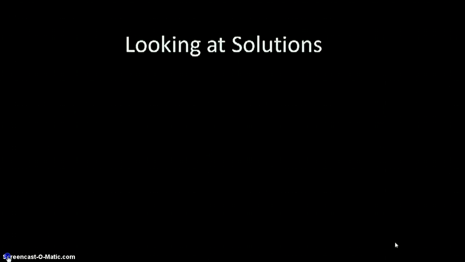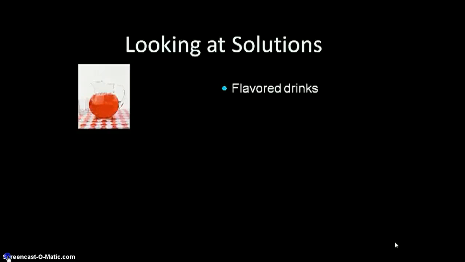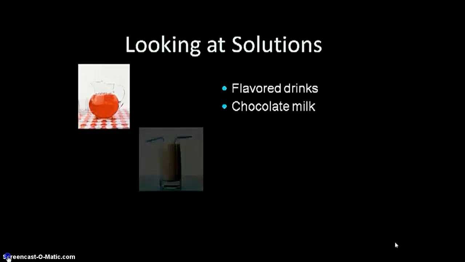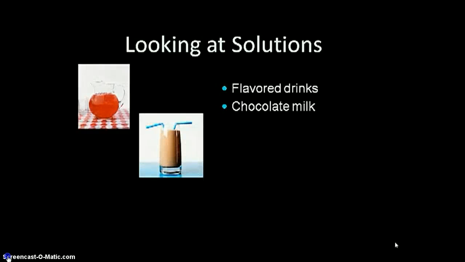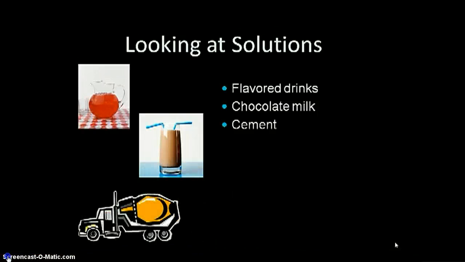So, some examples of solutions are flavored drinks such as Kool-Aid. Chocolate milk is another example of a solution, because if you make chocolate milk by adding powder to milk, the powder is evenly distributed, and all the particles are distributed in such a way so that they cannot be seen, and it looks like one element.